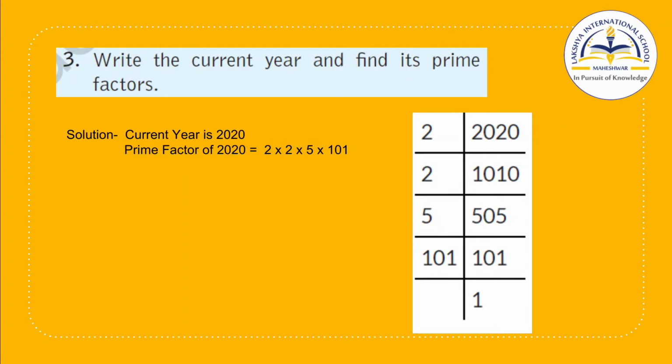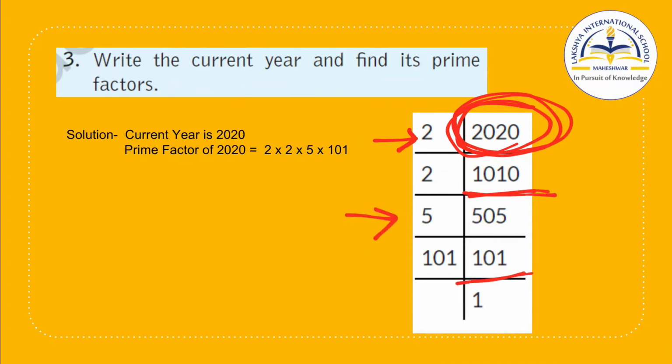Question number 3. Write the current year and find its prime factors. So what is the current year? That is 2020. So we will take the LCM of 2020. It is divisible by 2, so we take 2. That gives 1010. Again 2, that is 505. Then 505 is divisible by 5 only, so we write 5, and that gives 101.